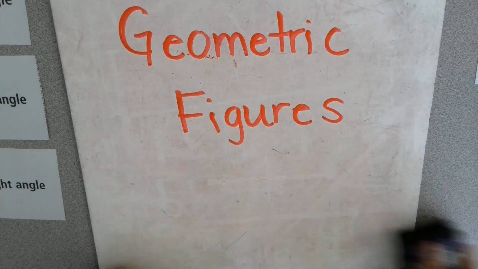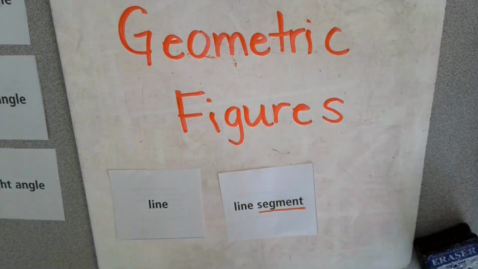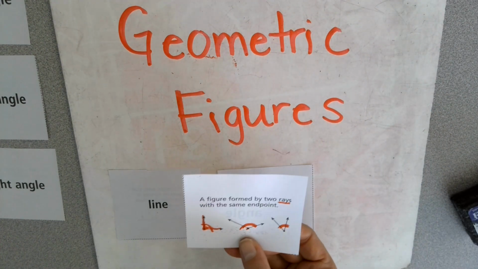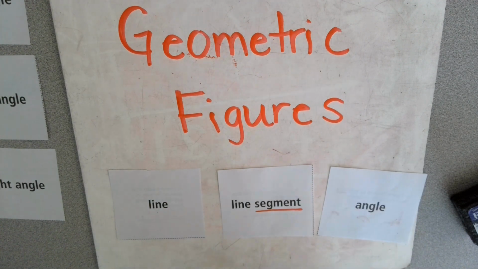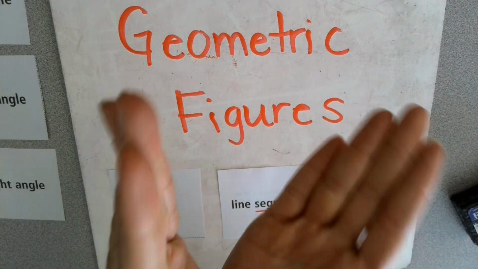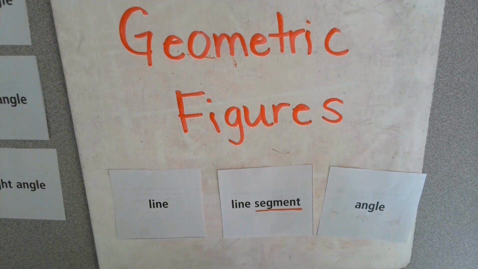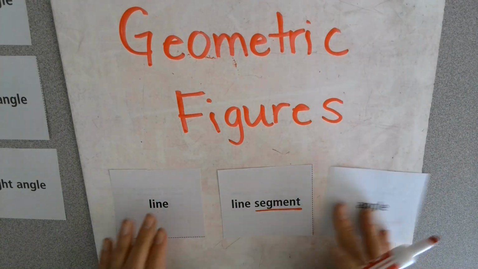Okay? So line segment, angle. An angle being the figure or the space that's formed when 2 line segments or rays meet. A line segment is a line that ends, and a line is a straight line that never ends. There is no endpoint. It goes on forever and ever in both directions.